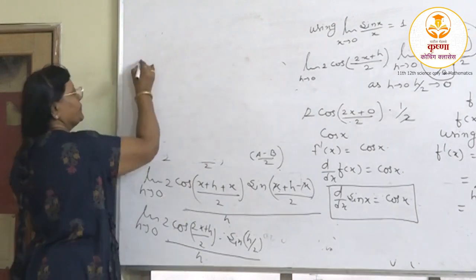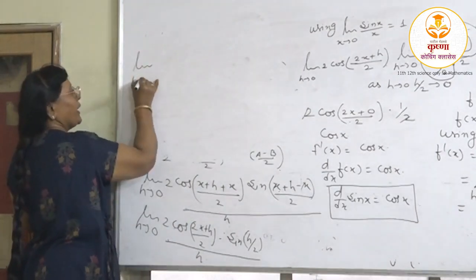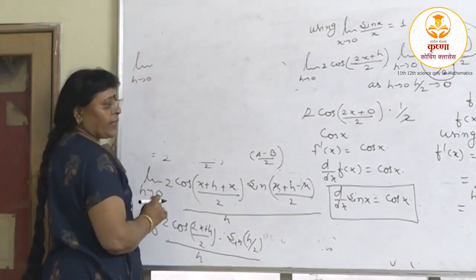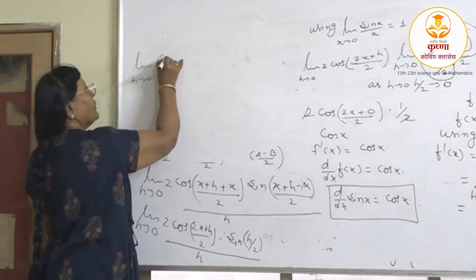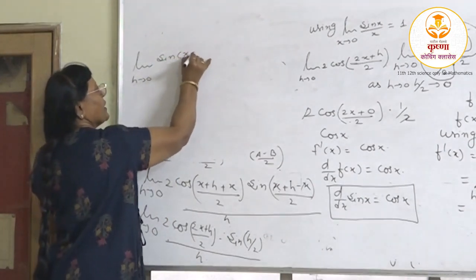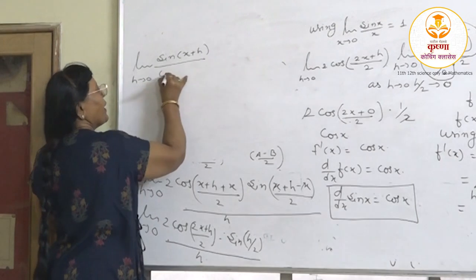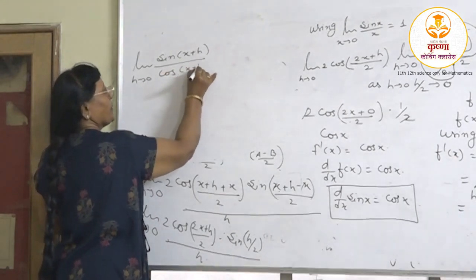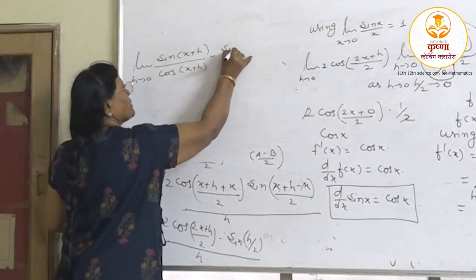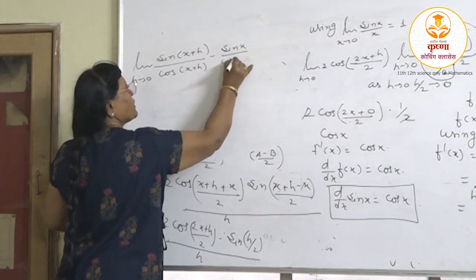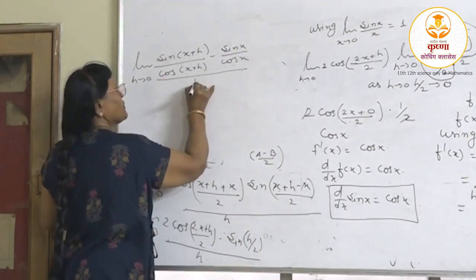Here, you don't have any formula for tan A minus tan B. Therefore, you have to convert tan in the form of sin by cos. Limit h tends to 0, sin of x plus h divided by cos of x plus h, minus sin x divided by cos x, divided by h.